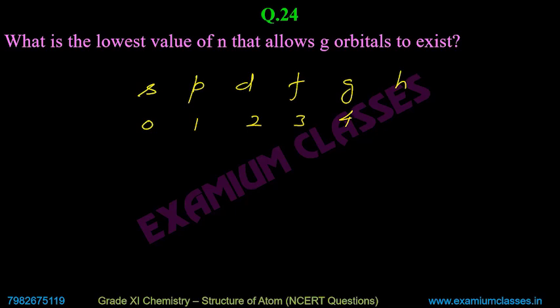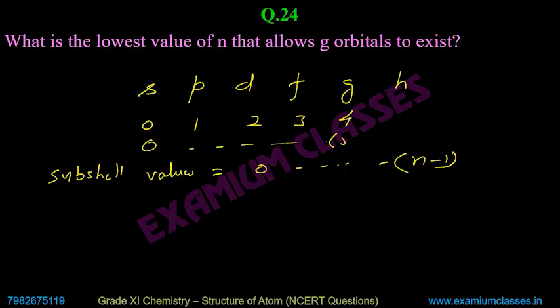You say that the subshell values are from 0 to n minus 1. So it is 0 to 5 minus 1, 4 is 0 to 5 minus 1. It means the n is 5.